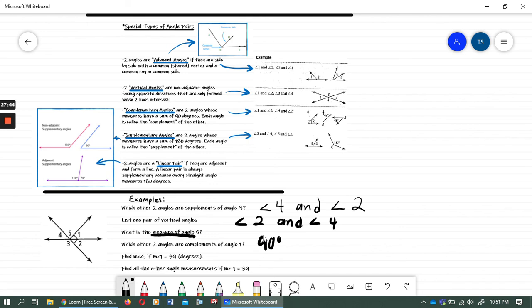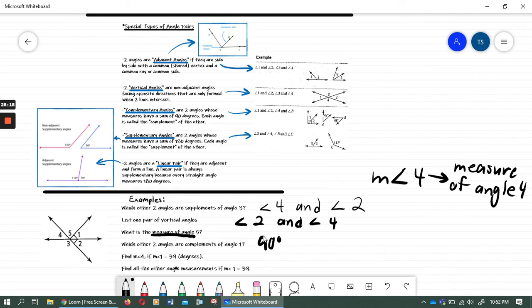When they're asking you to find the measure of some angle, this notation right here, where you see the M in front of that, like the measure of angle 4, it stands for the measure of angle 4.